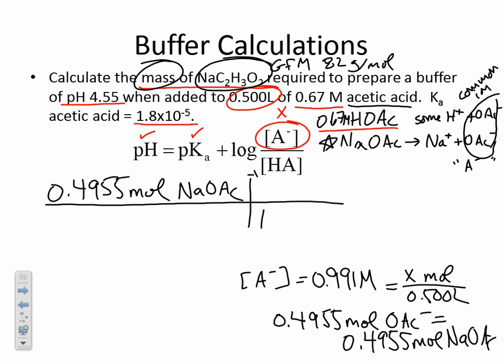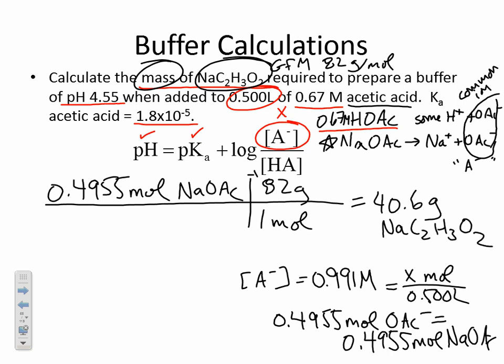So 1 mole of sodium acetate weighs 82 grams. Solving this, you're going to want 40.6 grams of sodium acetate in the 0.5 liter solution of 0.67 molar acetic acid, and that will give you the buffer with that particular pH.